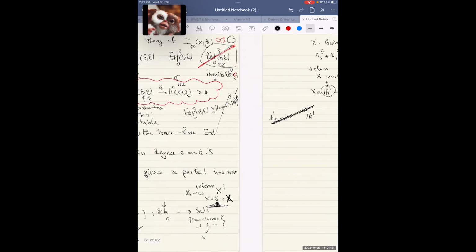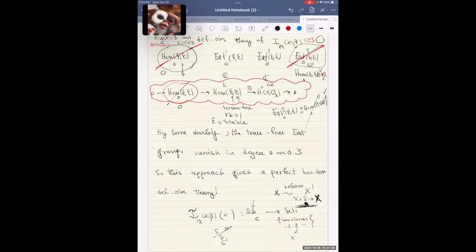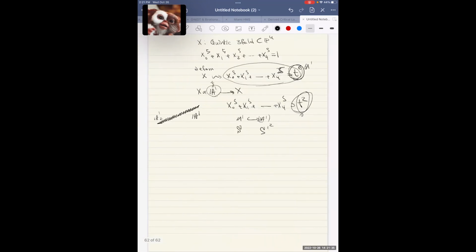Then by Serre duality, this approach gives a perfect obstruction theory, very good, with expected dimension. So what's the expected dimension?